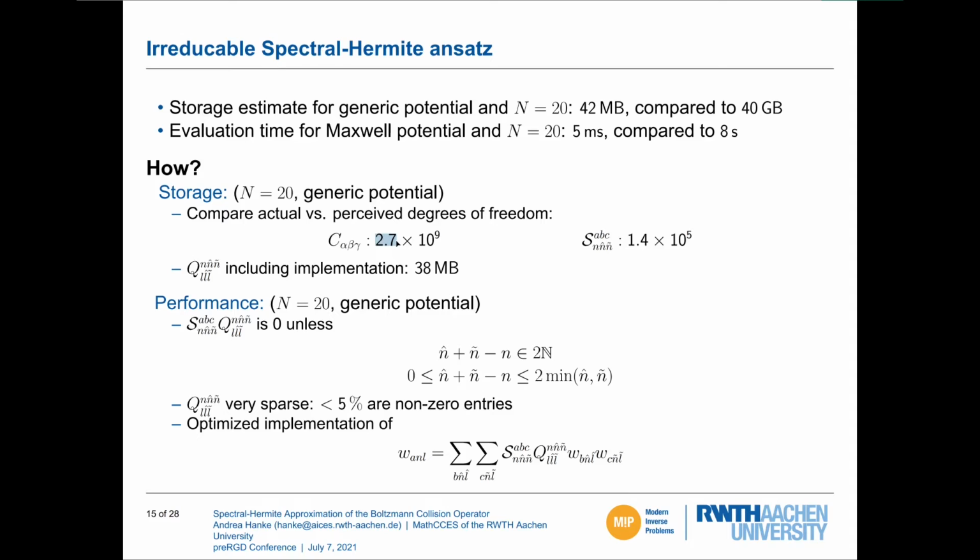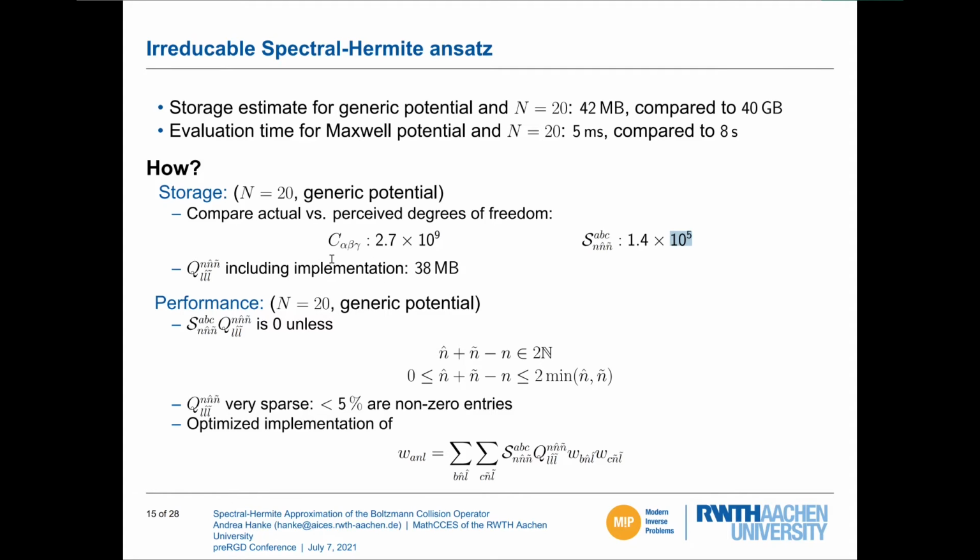However, the actual degrees of freedom are given by S. And for S, we can approximate something around 1.4 times 10 to the power 5. So already we have much fewer coefficients that we need to store for S than for the full C.